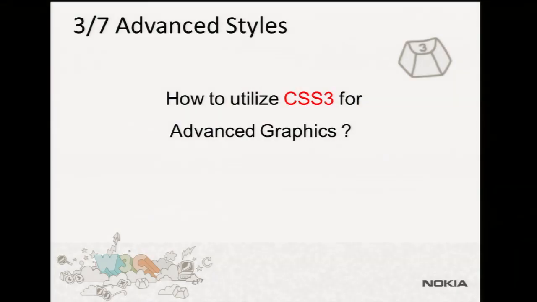If your device screen dimension is 480 by 640 and your viewport is 360, you can say width is equal to device-width, and it will automatically scale your UI to the device screen. You can also scale the viewport to 2, 3, or 0.75, the way you want it. So very useful tools for your layout detection.